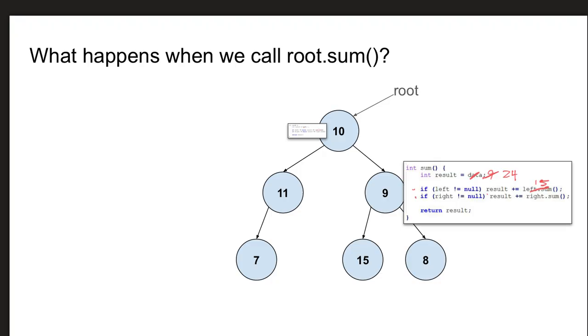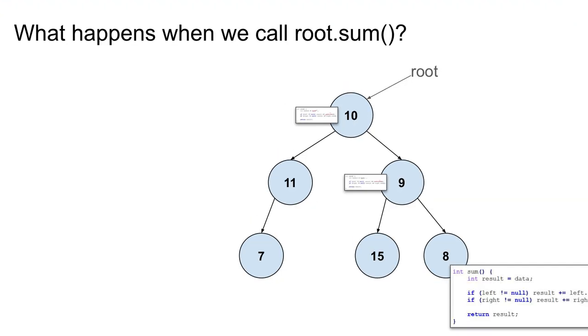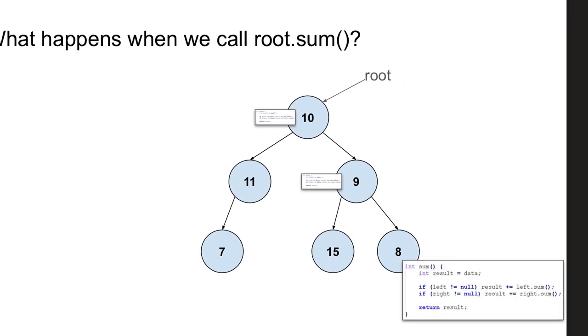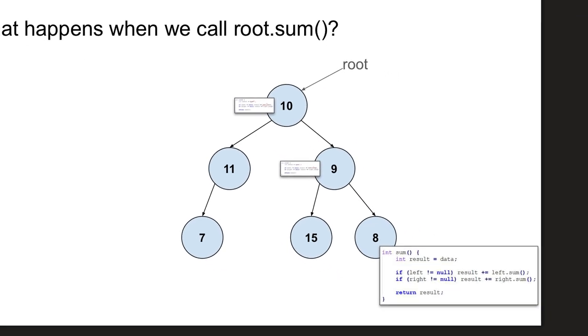Well, this side also has a subtree, and so we're going to have to make another recursive call to right.sum. So that's once again going to put this sum method on hold. So we have two sum methods on hold. We would say that there are two methods on the program stack named sum. And so now we're computing the sum of this 8 node.